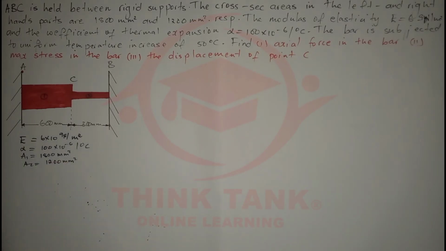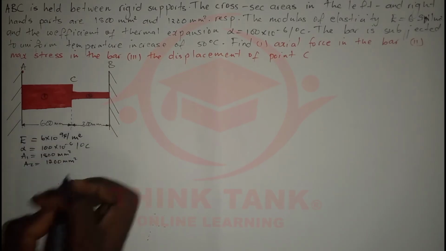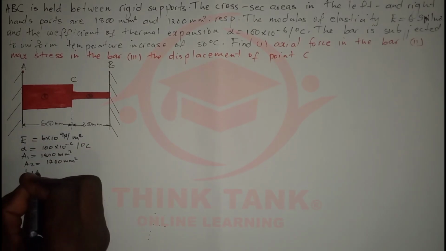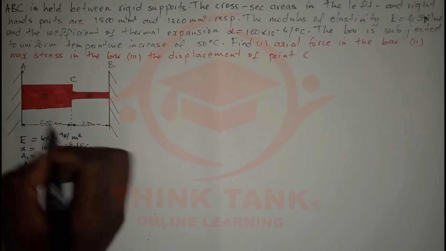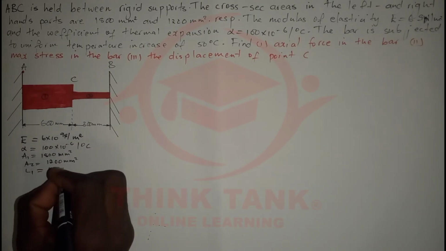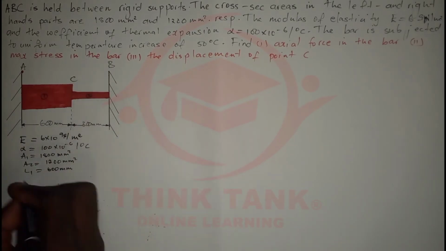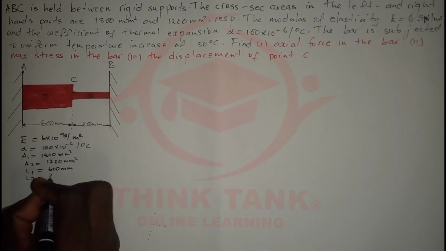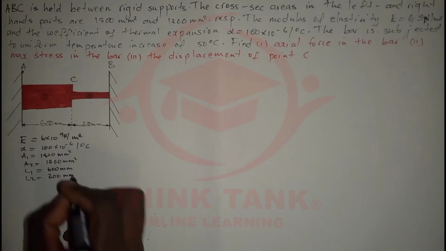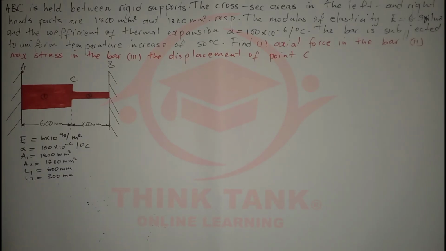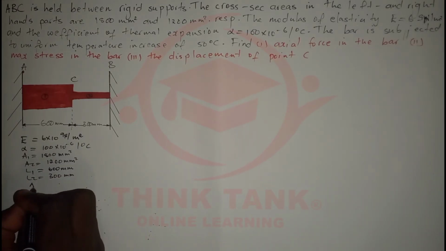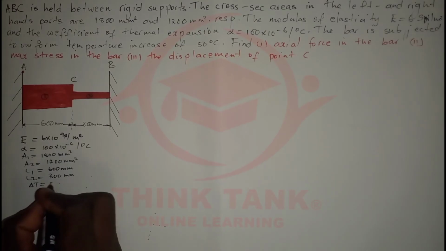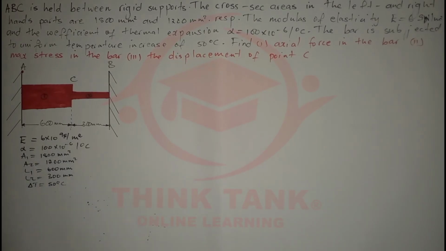We're also given the lengths: L1, the length of the left part, is 600 millimeters, and the length of the right part, L2, is 300 millimeters. We're also given the change in temperature, which is 50 degrees Celsius.